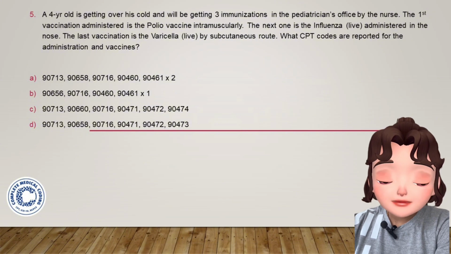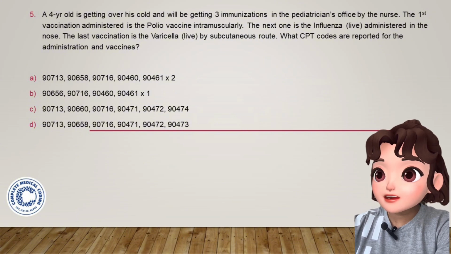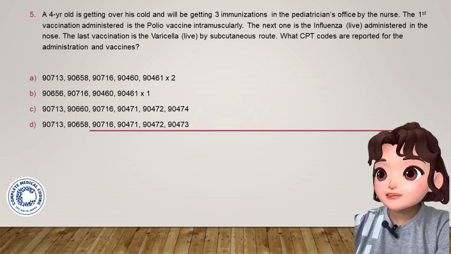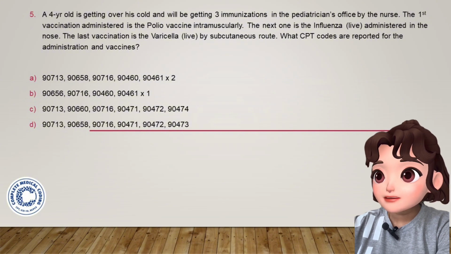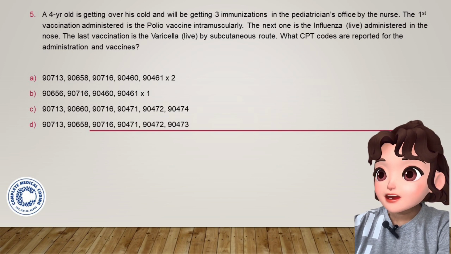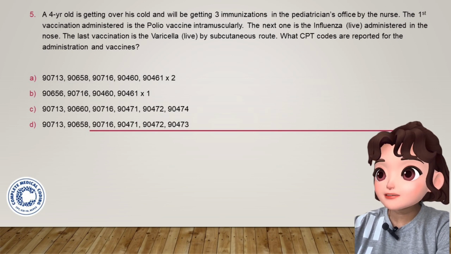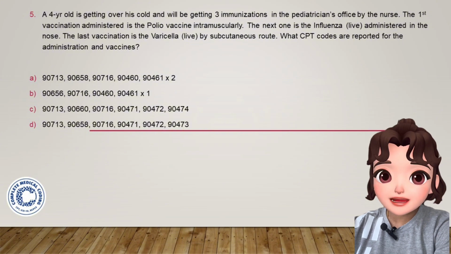Now moving on to the fifth question. A 4-year-old is getting over his cold and will be getting 3 immunizations in the pediatrician's office by the nurse. The first vaccination administered is the polio vaccine intramuscularly. The next one is influenza live administered in the nose. The last vaccination is the varicella live vaccine by subcutaneous route. What CPT codes are reported for the administration and vaccines?